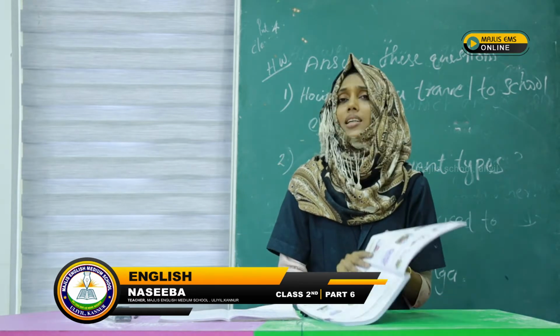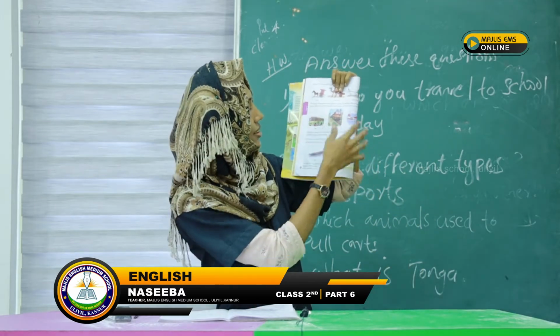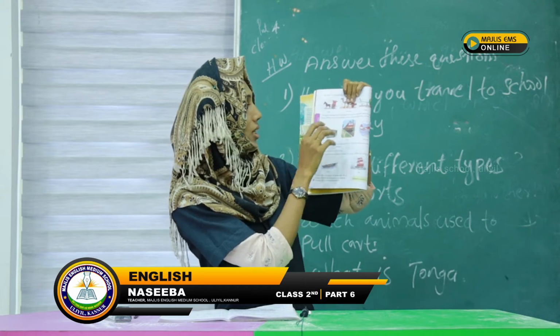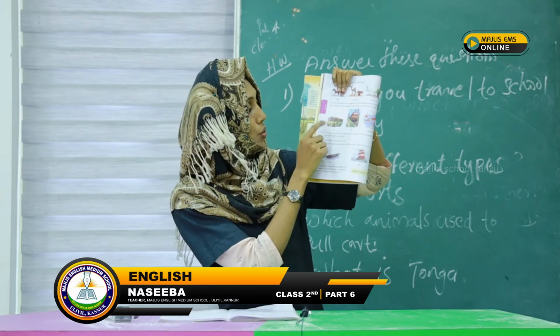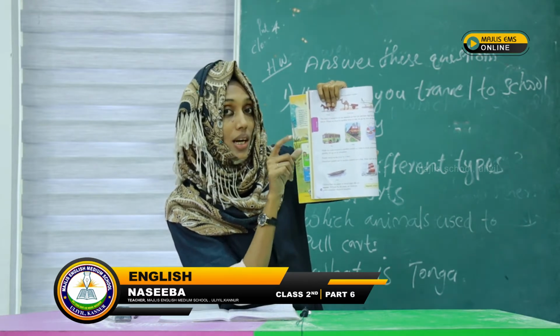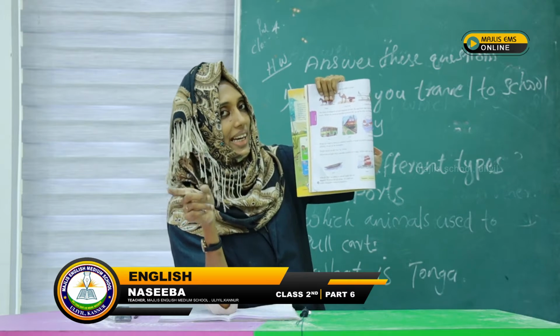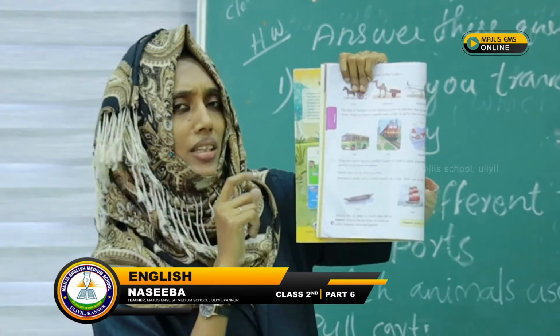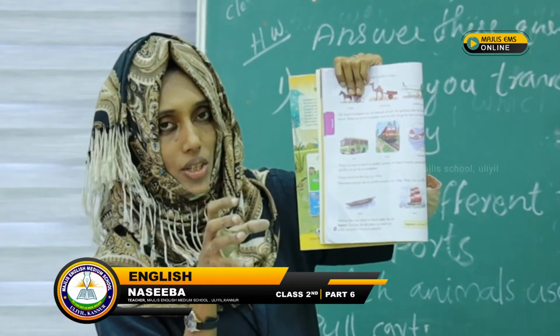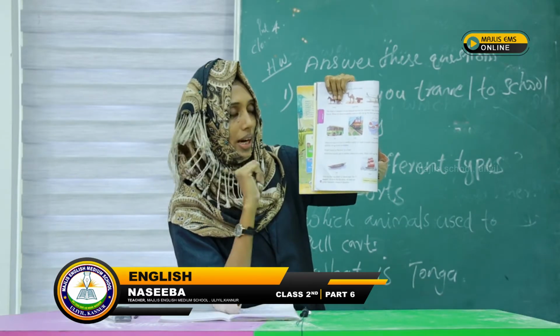Okay. Then we can see the beautiful picture of bus, train, aeroplane. We use a bus to travel from one town to another town or from one city to another city. And train is commonly used for a long journey, depending on how far we want to travel.